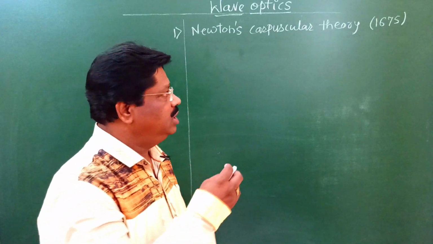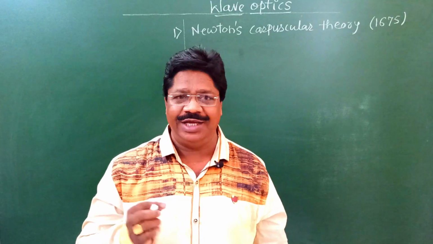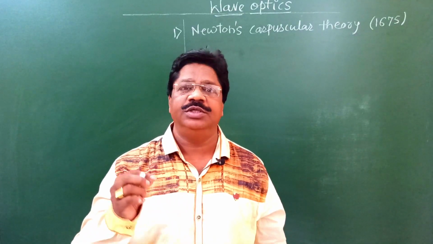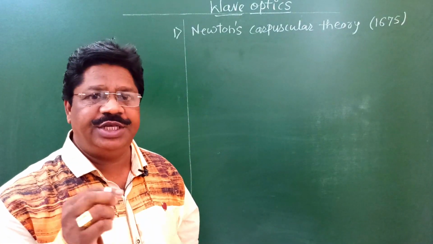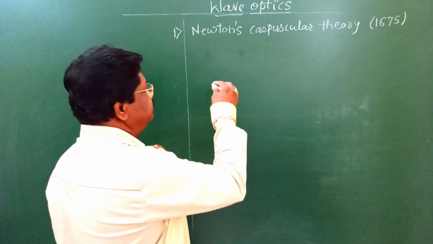Later on, in 1678, another scientist, Huygens, proposed his theory, and the base of this theory was the wave nature of light, and therefore this theory is called Huygens wave theory.